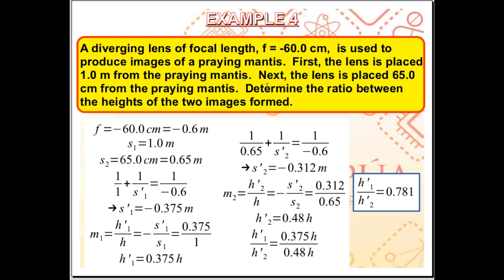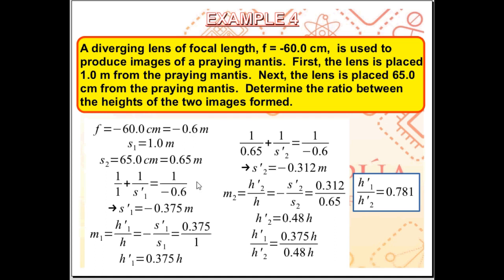While in the second case, the lens is placed 65 centimeters from the praying mantis, so S2 is 65 centimeters or 0.65 meters. Using our equation for image formation, 1 over S plus 1 over S prime is equal to 1 over F.